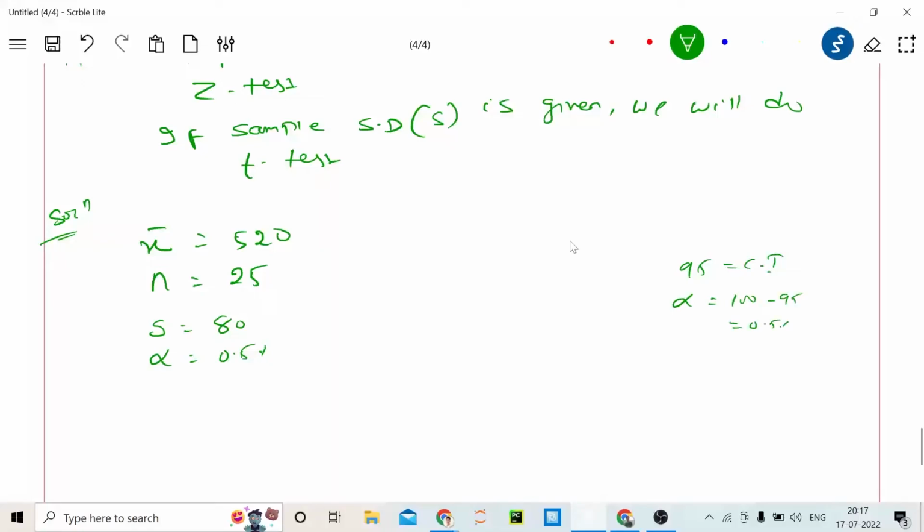In this question, what is our formula? Our formula is very simple.